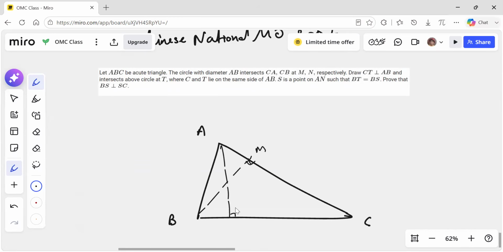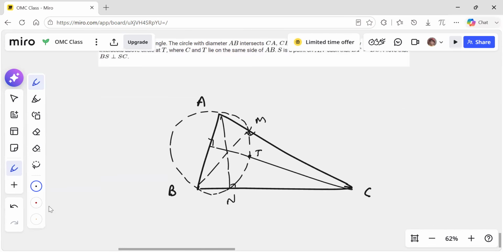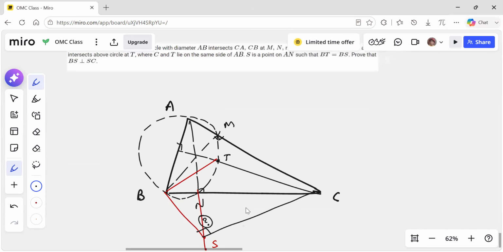This is M, this is N. And so they are claiming this is T. Now one nice construction is that we extend AN and this is S. We need to show that BS is perpendicular to S. So this is 90. This is what the problem is.